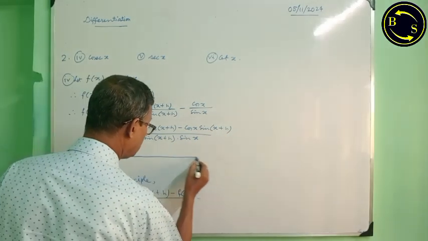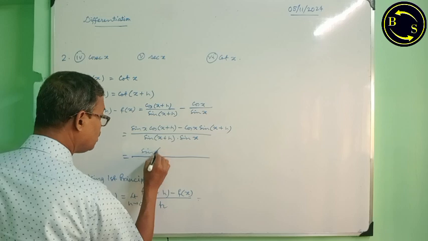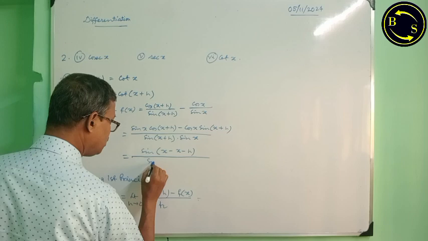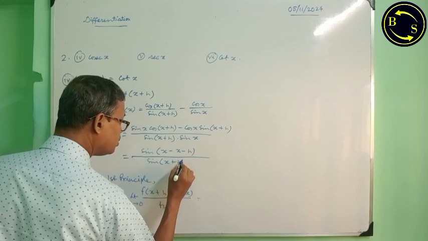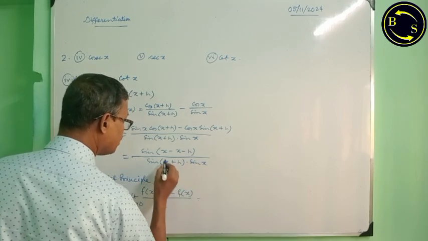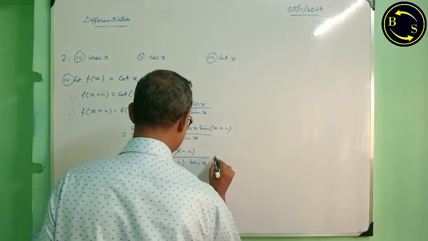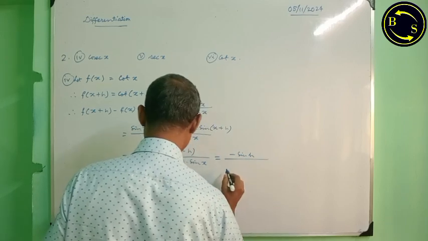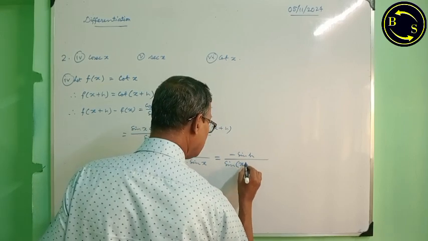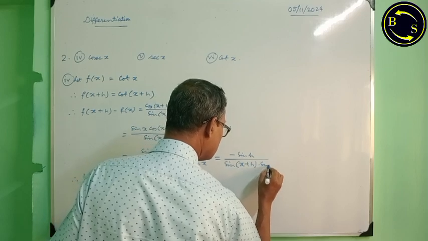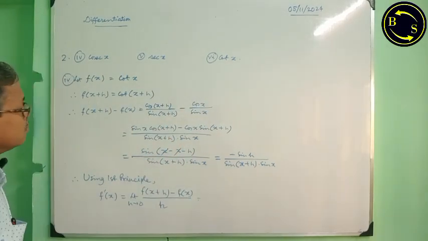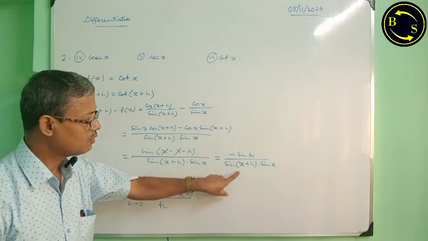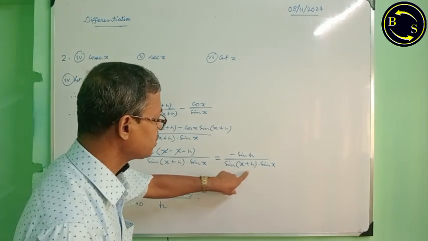Therefore, the numerator will be sin of (x minus x plus h), and here x cancelled. Therefore, minus sin h by sin of x plus h into sin x. We have got the simplified value of f of x plus h minus fx, that is equal to minus sin h divided by sin of x plus h into sin x.